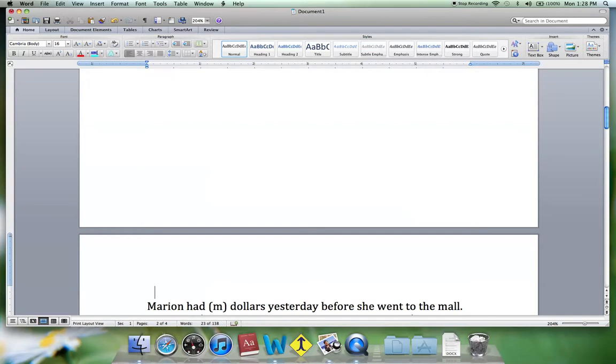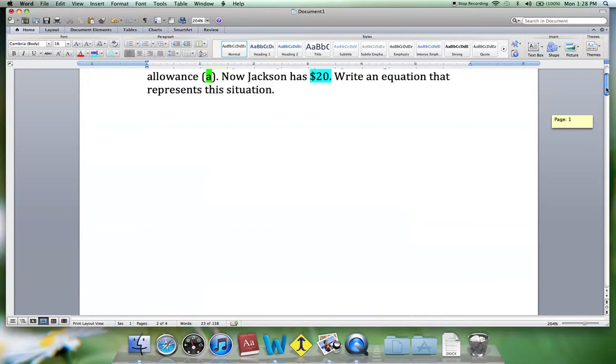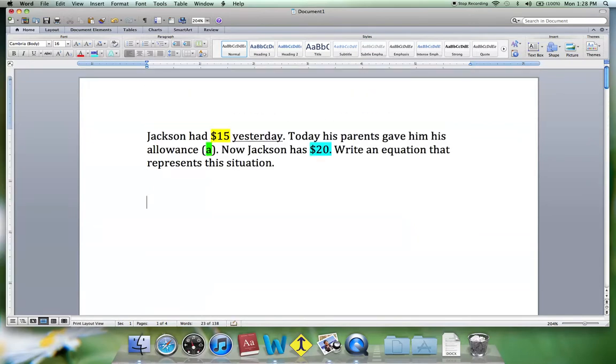So our equation needs to be equal to 20 because that's the total amount that he has now. So the question is, well, how did he get $20? Well, we know that he had $15, and now we got to determine what type of operation we want to use because he got some amount of money A and he now has 20.